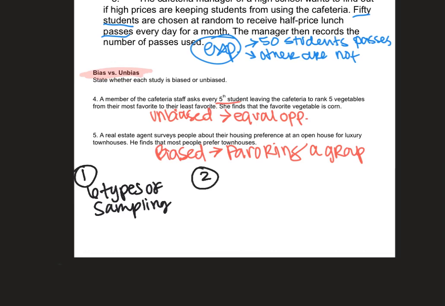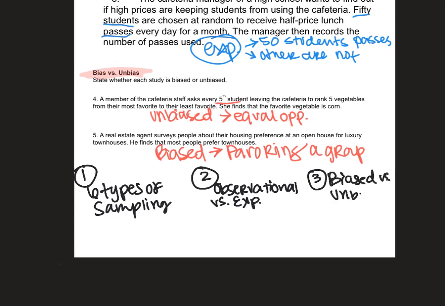You're going to see observational versus experimental. And then you're also going to have biased versus unbiased. Okay, so questions will give the category.